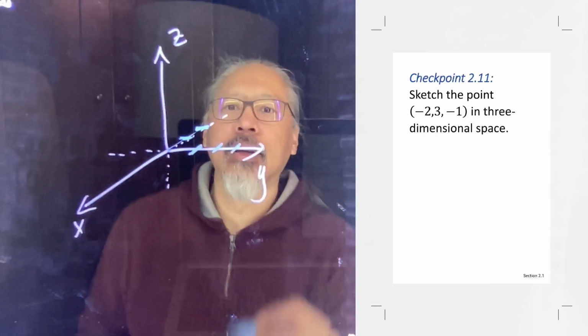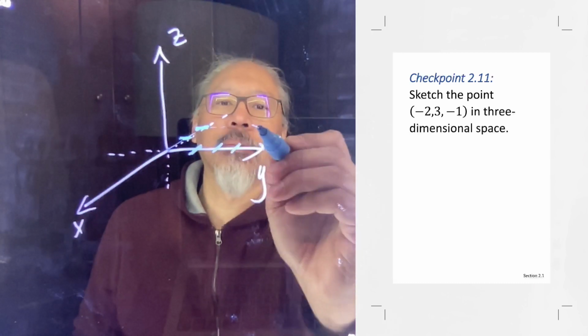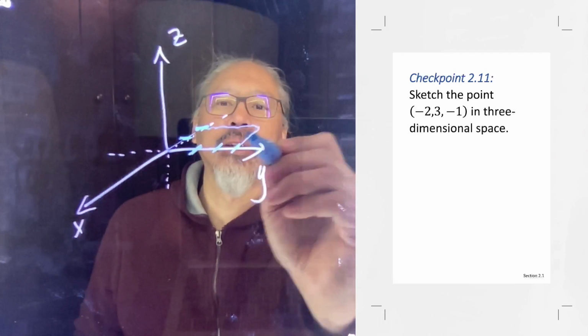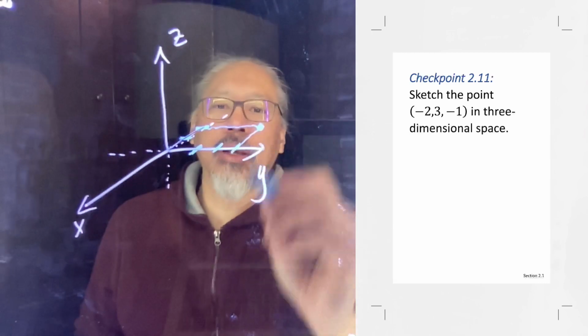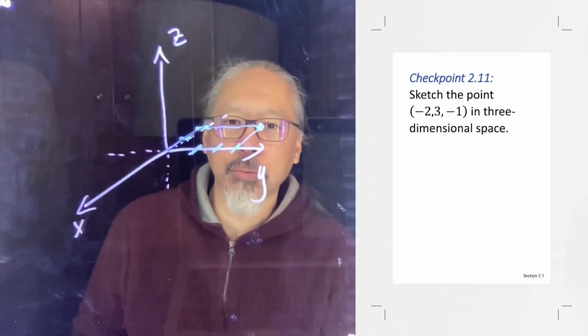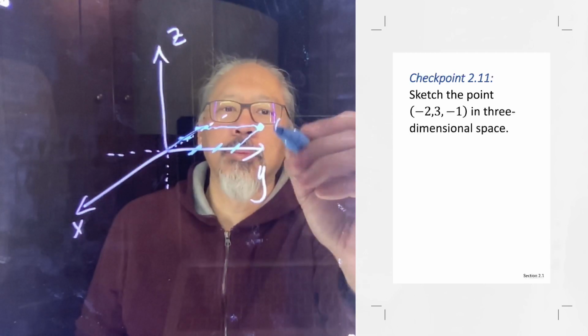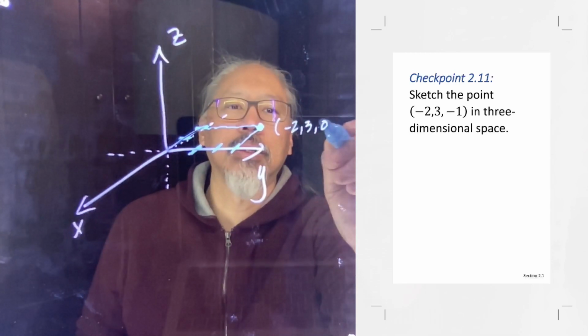And what we can think about is if we have a couple of parallel lines that get us to this point on the xy plane, and we're pretending that's still on the xy plane, this would be the point -2, 3, 0.